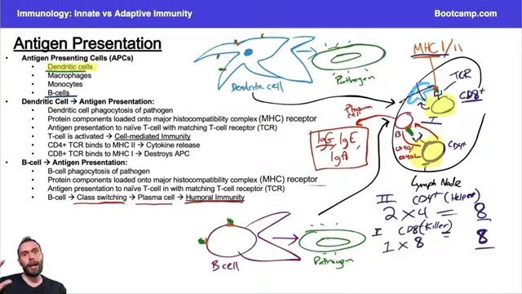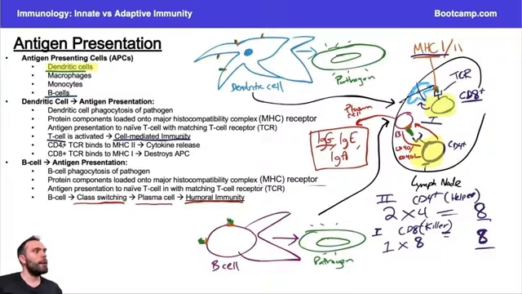Because a virus can hijack a cell and then use that cell's machinery to make more viruses. And so the idea here is the CD8 positive T cell saying, hey, you might be infected with the virus, let me wipe you out so that this virus doesn't reproduce even more. Okay, so that's a very simple explanation, but that's essentially what's happening. And that's cell-mediated immunity. The T cell is directly targeting the infected cell.